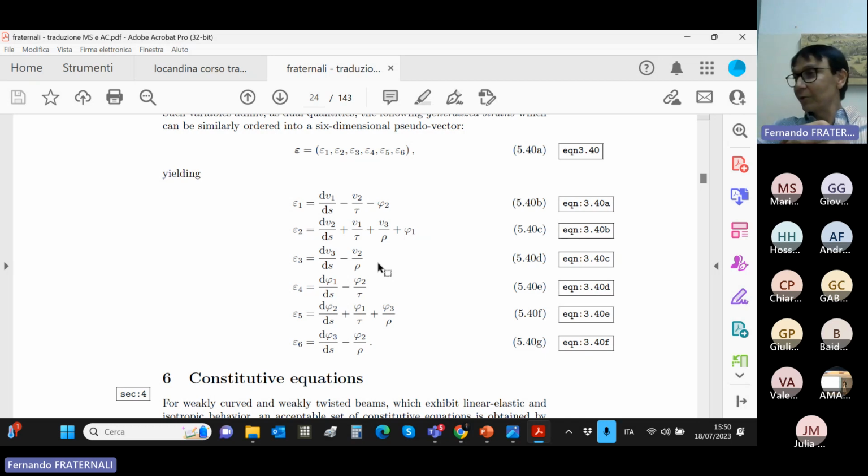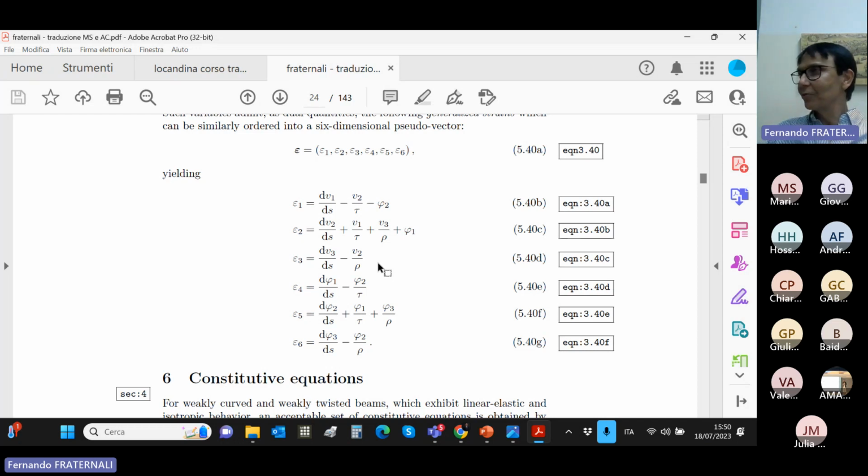So in the subsequent steps of this process, you necessarily need to analyze the deformation using the theory of a curved beam.